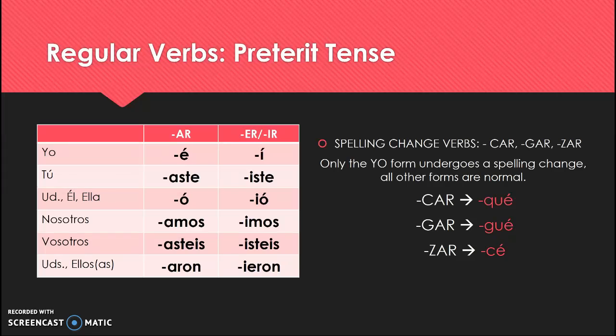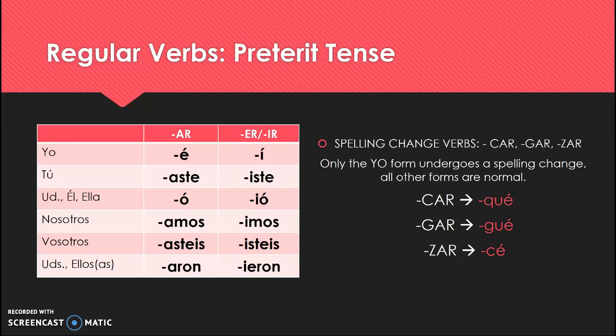So a -car verb, if it was just -cé, the sound would change. To maintain the integrity of the sound, we have to spell it a little bit differently: -qué says k. The same thing happens with -gar. If it was just -gé, the sound becomes h instead of g. So for the integrity of the sound, we turn it to -gué.